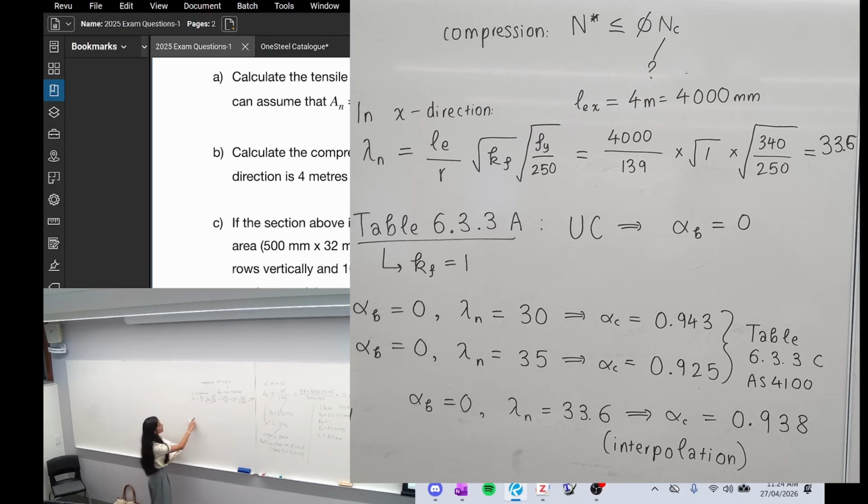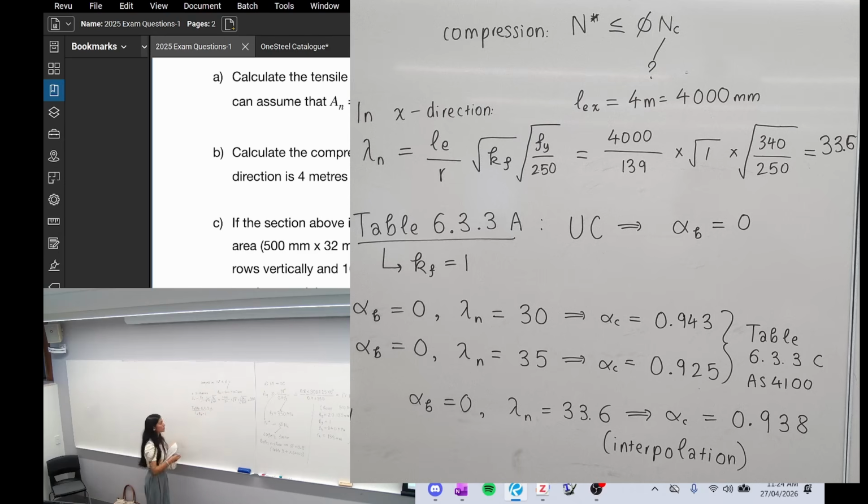Now we want to find alpha B again. This is going back to the tables in AS 4100. Last time we used table B to find alpha B. This time we're going to use table A. The reason for that is our form factor, KF, is equal to 1.